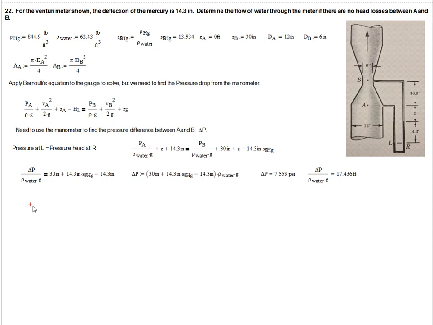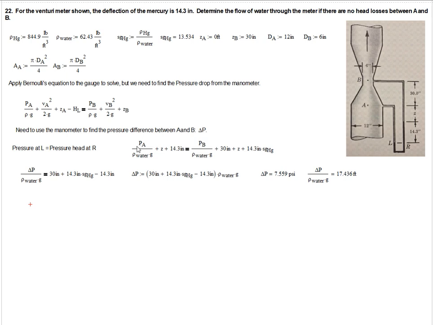With the manometer, the pressure at L, so here is the pressure at L, is going to equal the pressure at R. All right? And so we need the pressure at A, we need the pressure at B. So we can step through here with our Bernoulli equation and solve for the pressure drop.